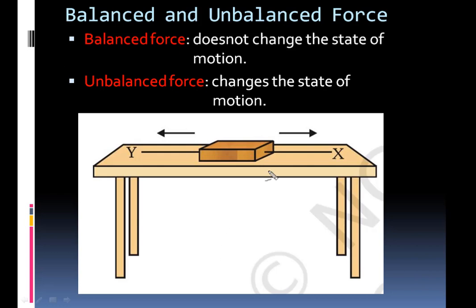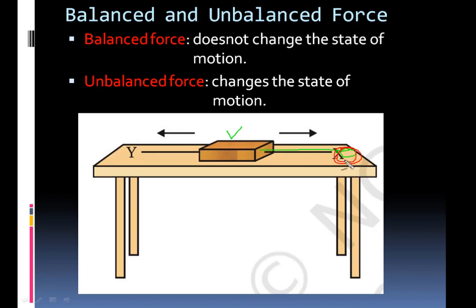Okay. This is a table. On the table, the book is there. That means the book is in the balanced condition. It is not moving on its own. Now suppose this is a rope. I will tie this rope with a mouse.